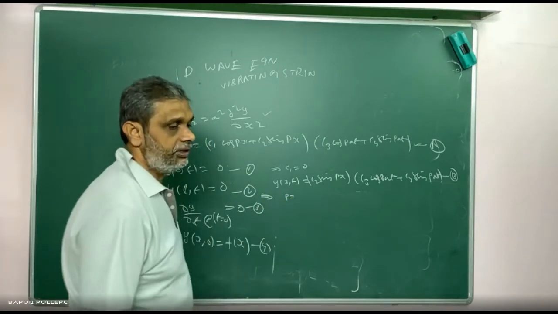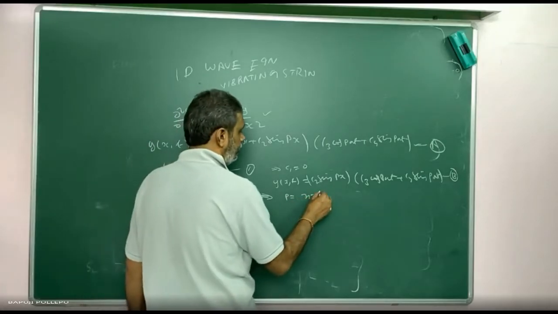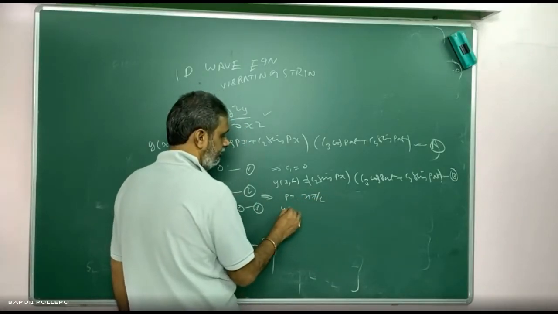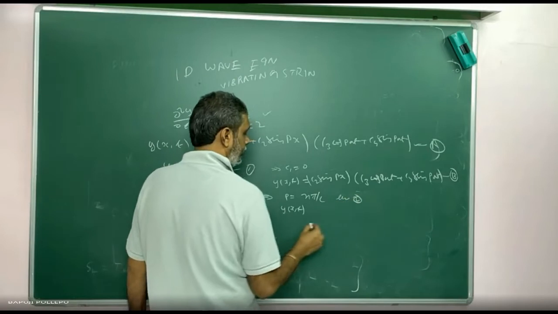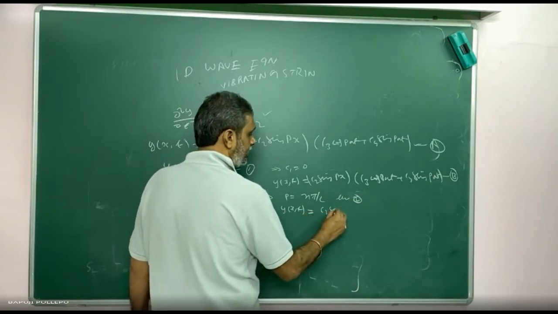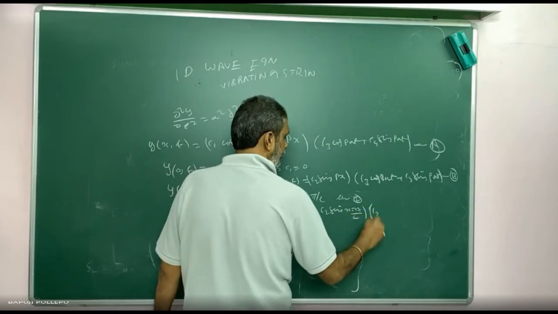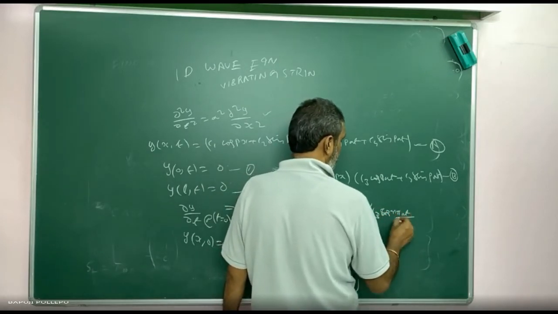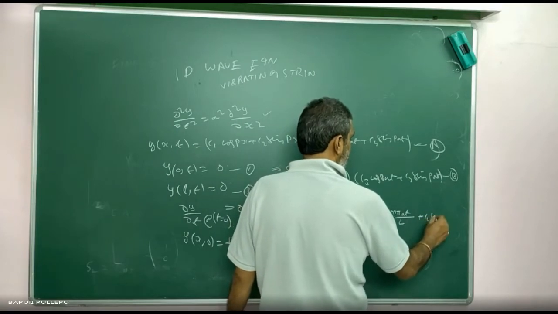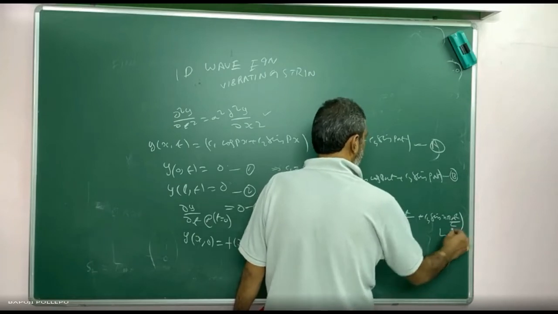P is equal to n pi by L. So my equation becomes, from the second condition, y of x comma t is equal to C2 sin n pi x by l into (C3 cos n pi a t by l plus C4 sin n pi a t by l). This you can take as equation C.